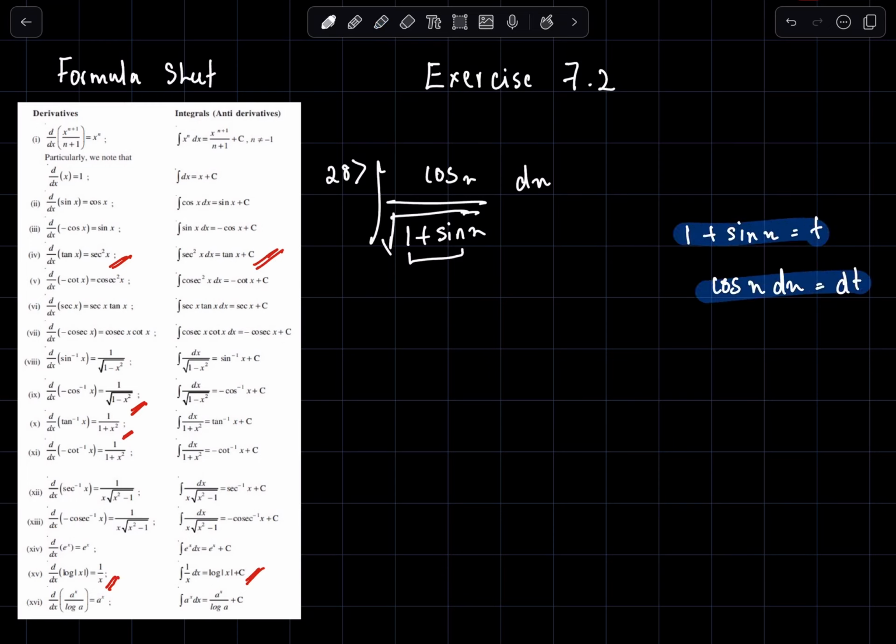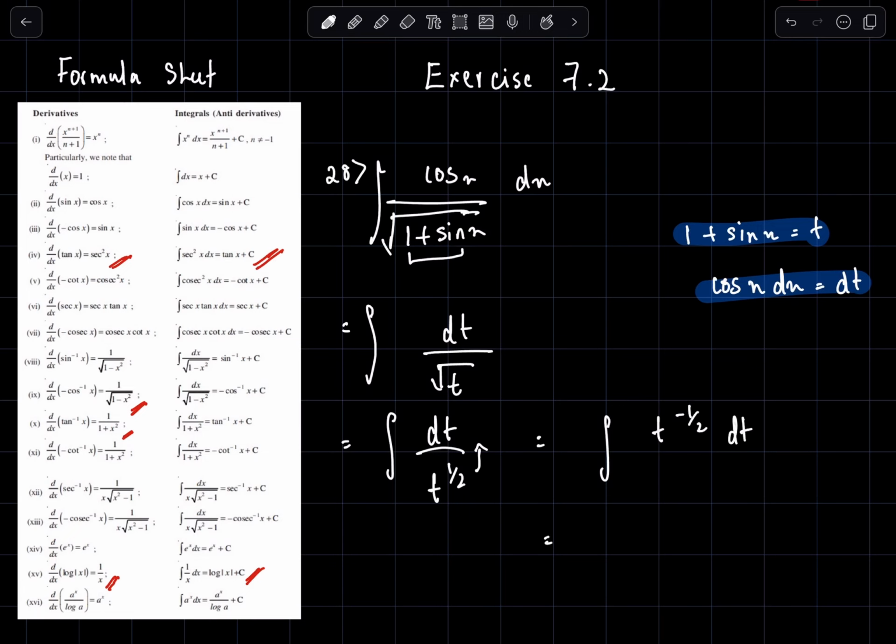So the integral of dt divided by square root of t, right, which is equal to the integral of dt divided by t raised to the power half, which is equal to the integral, and if you want to bring this up, it becomes t to the negative half dt.